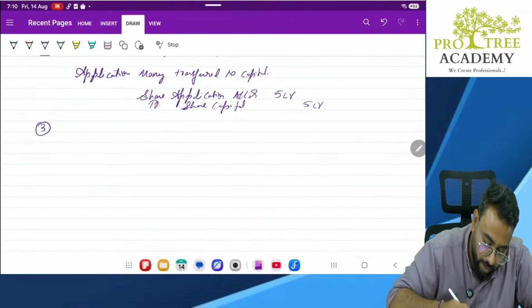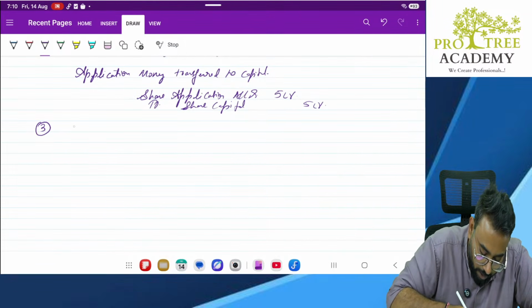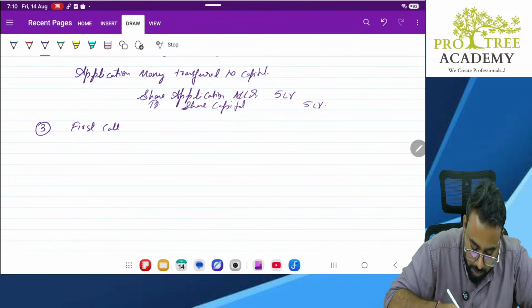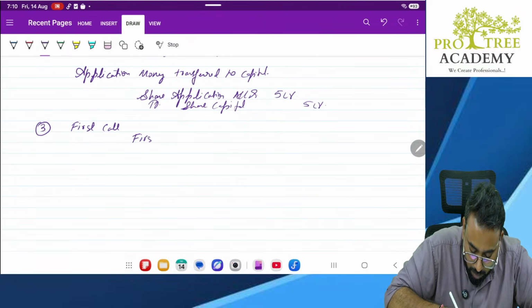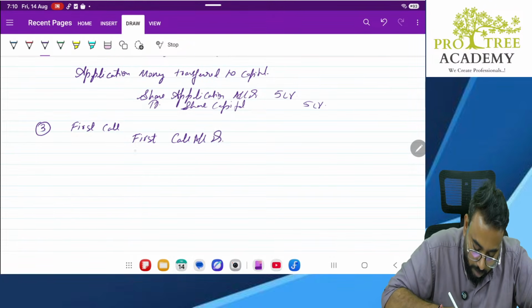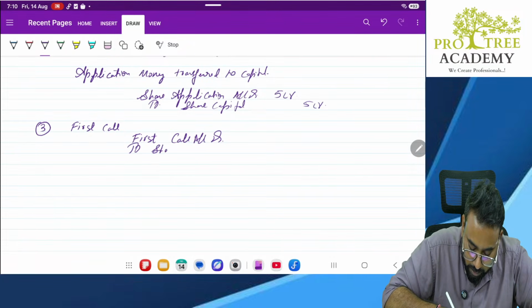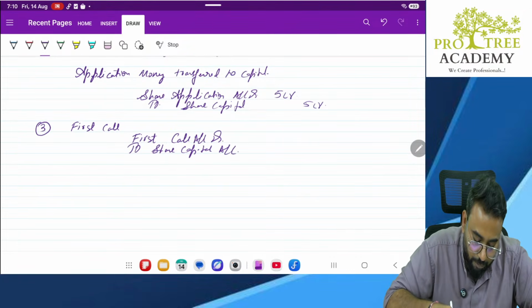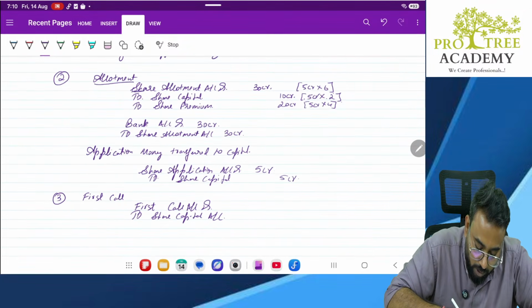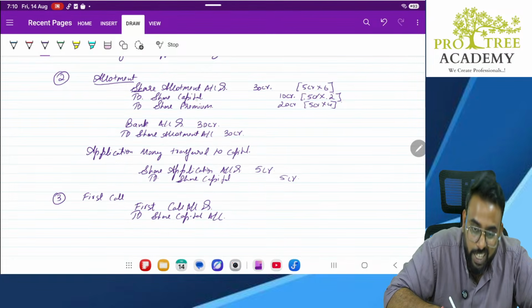Next, first call. What is the entry? First call account debit to share capital account. If you look at this carefully, here also we debited share allotment, then to share capital.